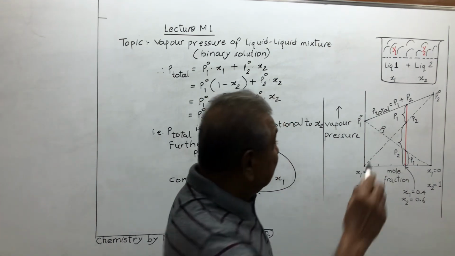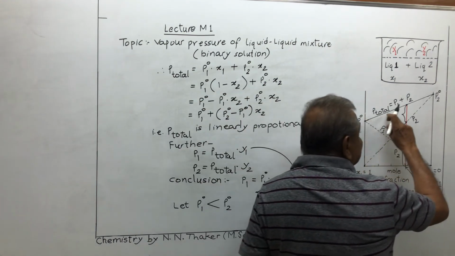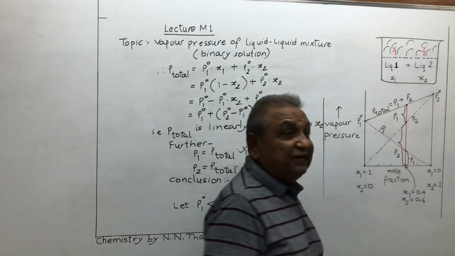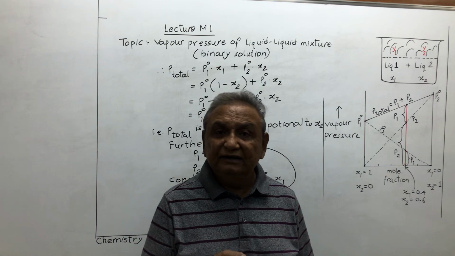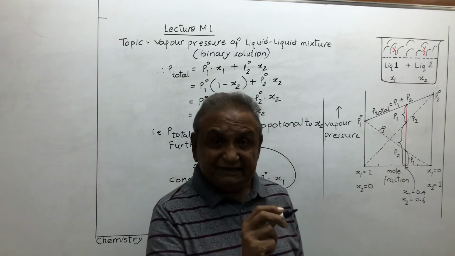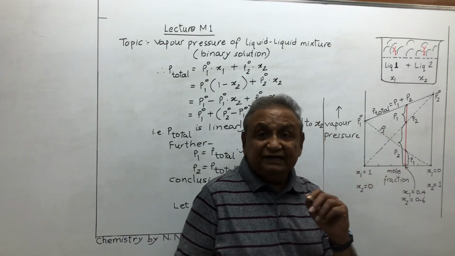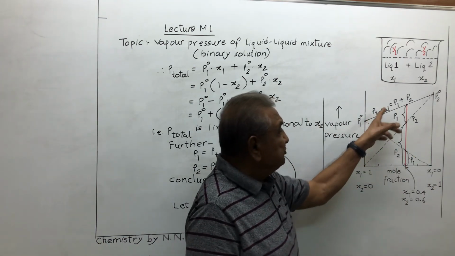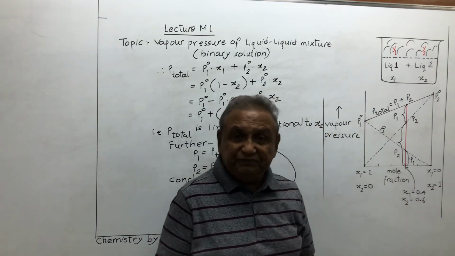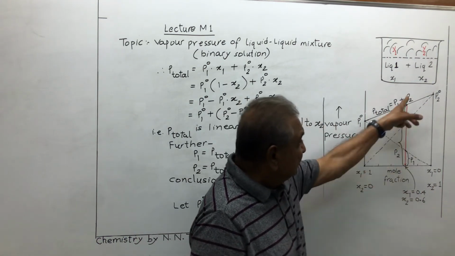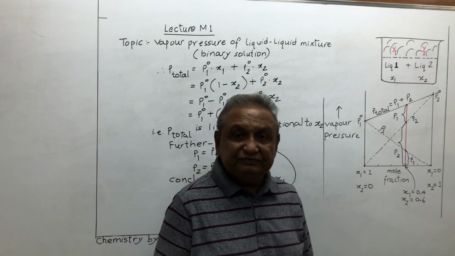Now, on this line, each point indicates P total. To understand that, let us take reference of this point. How does it give P total equal to P1 plus P2? Select a point, draw a vertical line. I have shown it by a red line.